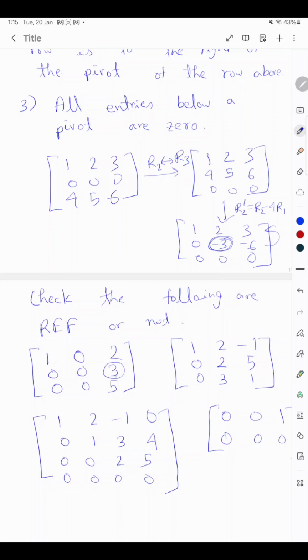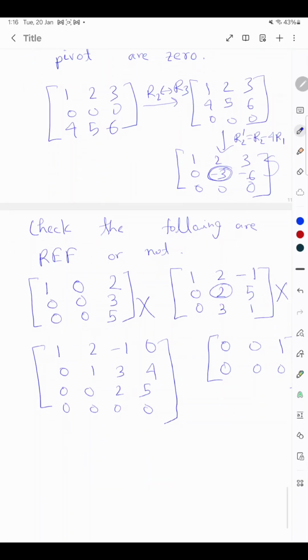But below that should be 0, and this is a non-zero element, so this is not REF. Now the next one: the second one, this is your first pivot, below it 0, no issue. Here you have the same issue, right? Below that should be 0, so this is also not REF.